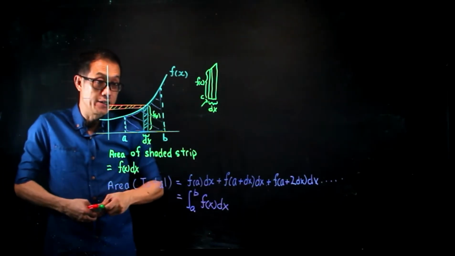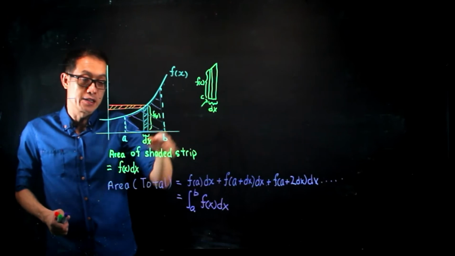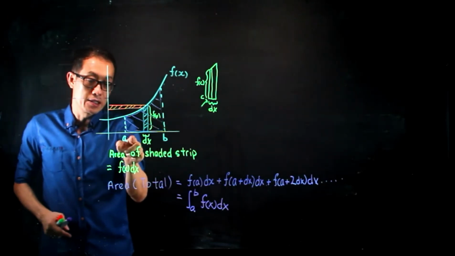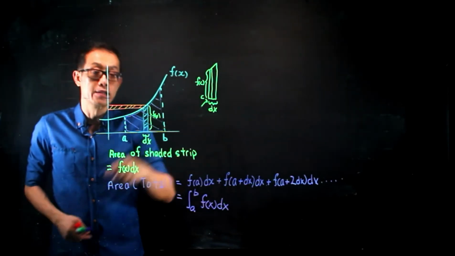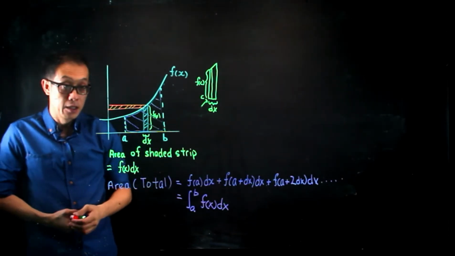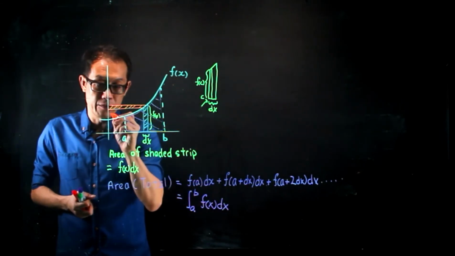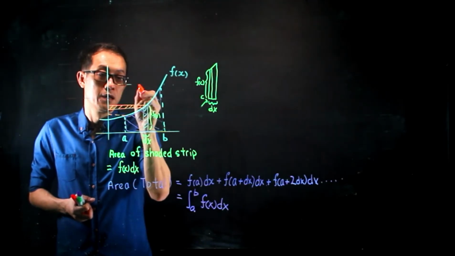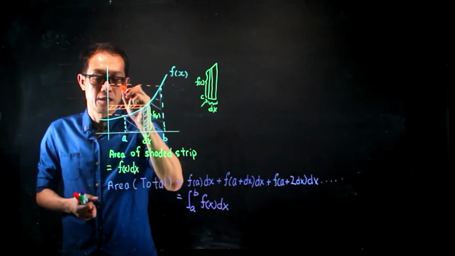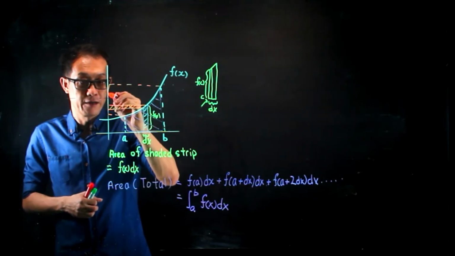You are finding the area under the graph that is bounded by these two lines, x equals a, x equals b, and the x-axis. Now let's move on to how we are going to find the area of this part. This is our required area.